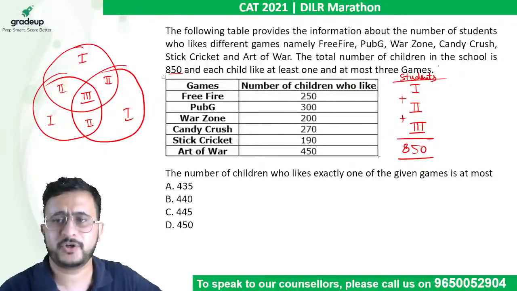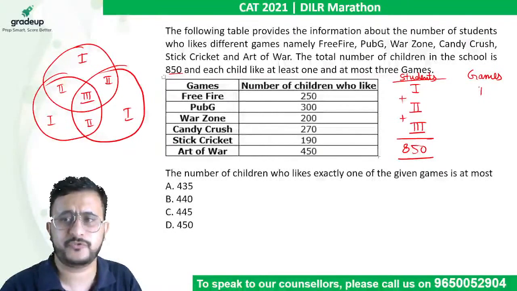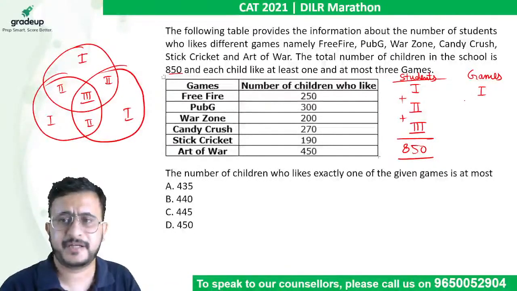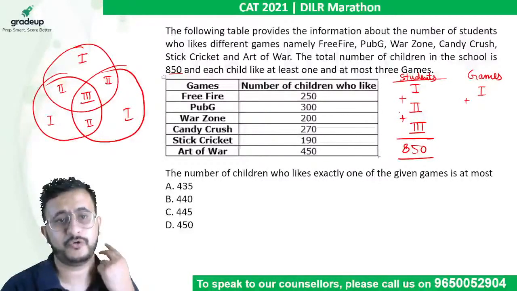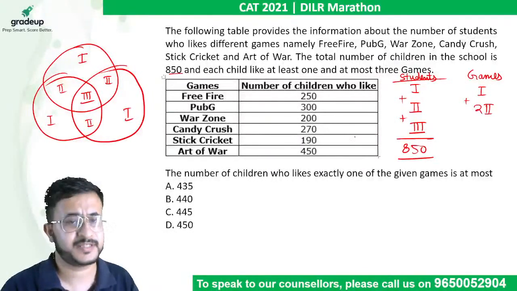Now if I talk about games, the people who like only one game, the total count of games will be 1 times this. People who like two games, the count will be double, so 2 times this.